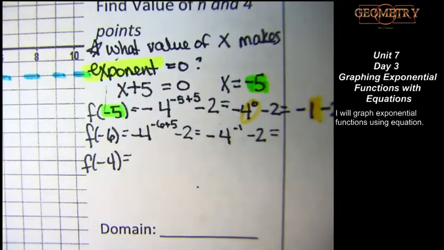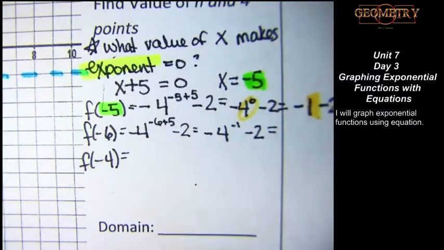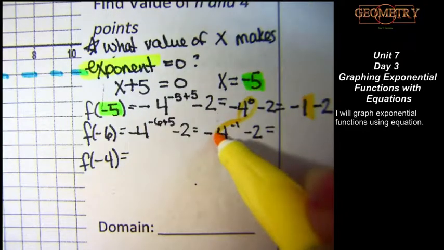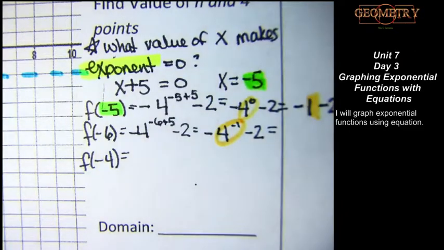And again, there's no parentheses around this base, which means that negative is not part of the base. That negative is sitting in the A position, hanging out. If I'd put it in parentheses, then it would be part of that base, okay?